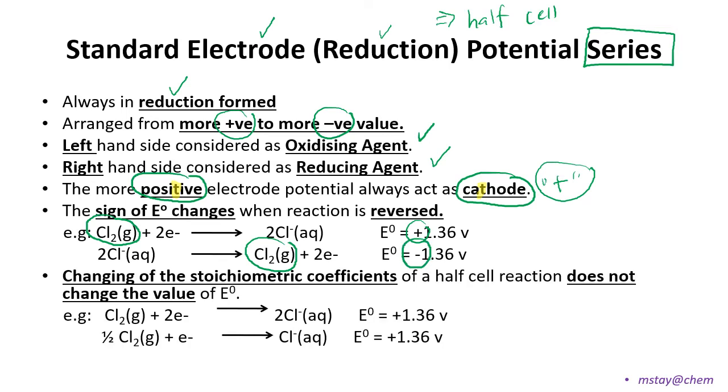However, when you change the stoichiometric coefficient, it is different from the thermochemical equation: it will not change the value. So for one mole of chlorine gas, it is positive 1.36 volt, and for 0.5 mole of chlorine gas, the electrode potential will still be 1.36 volt.